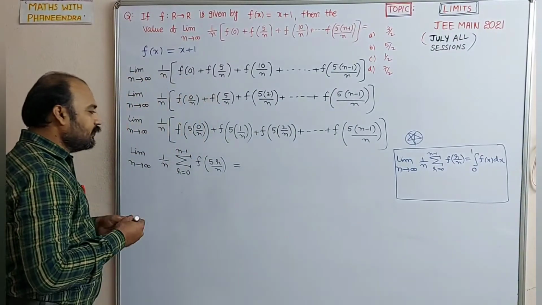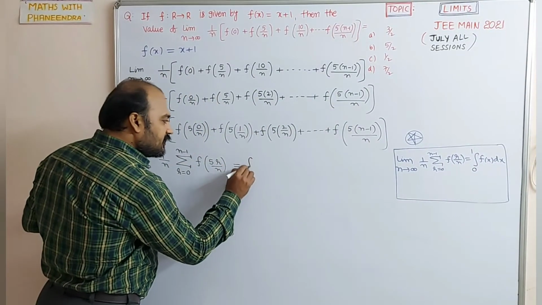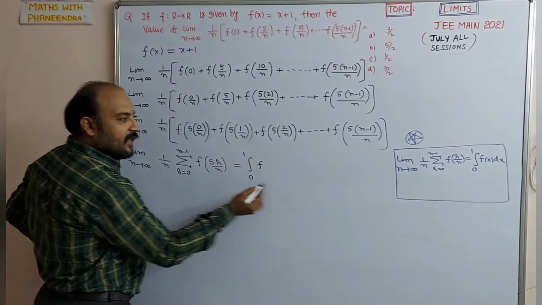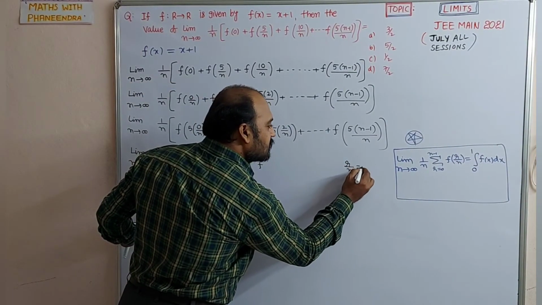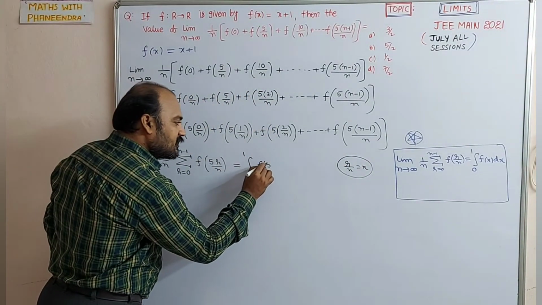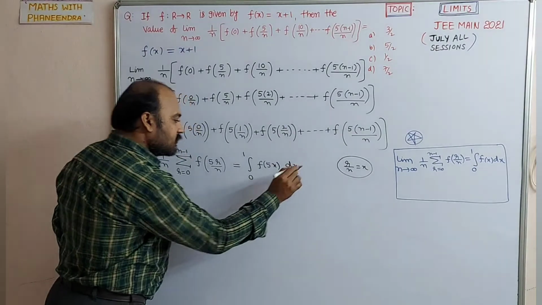So here also, this can be written as integral 0 to 1 f of, wherever r by n is there, r by n is equal to x. So wherever r by n is there, f of 5x into dx.